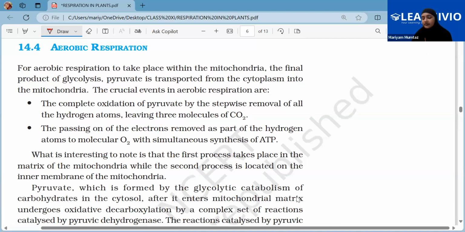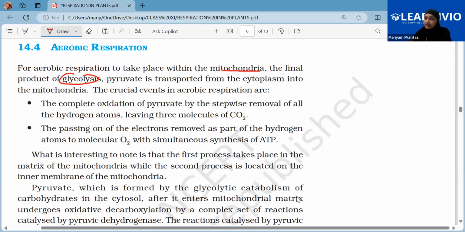Moving forward, for aerobic respiration to take place within the mitochondria, the final product of glycolysis is needed. Now, where is the glycolysis? It is happening in the cytoplasm. So, at the end of glycolysis, the pyruvic acid formed will also be in the cytoplasm only.